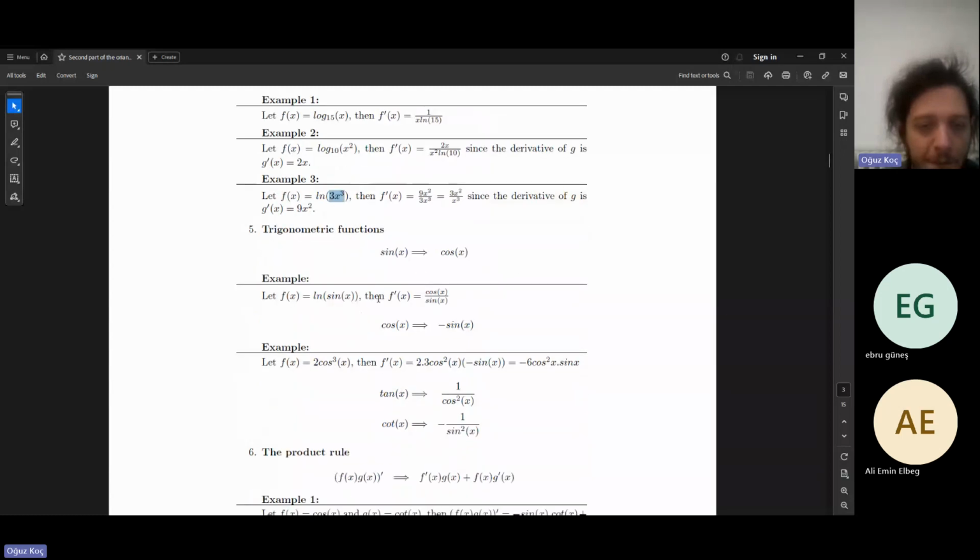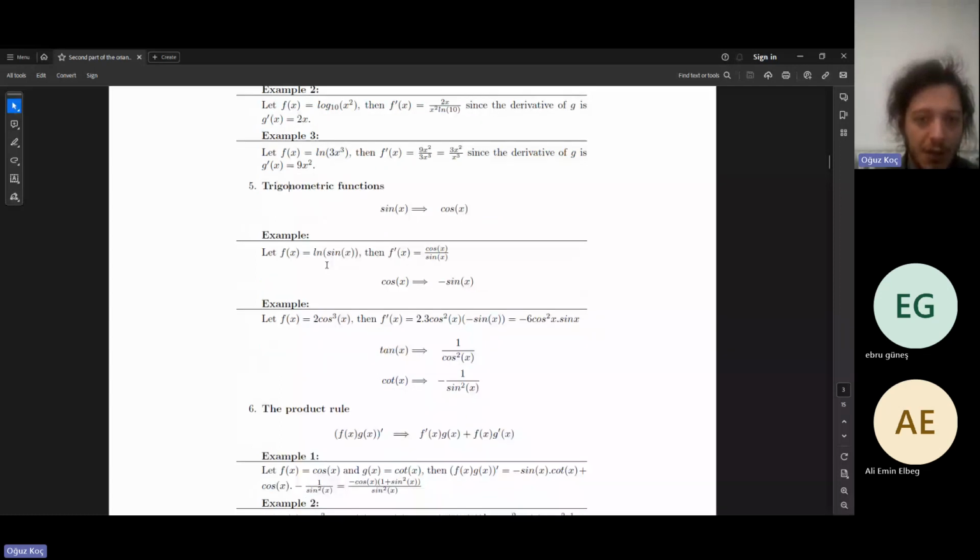And then we have the trigonometric functions. If your function is equal to sine of x, its derivative is equal to cos x. An example for this, and also we add the natural logarithm in here.